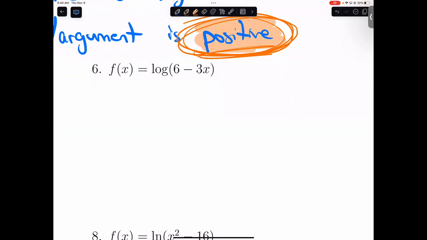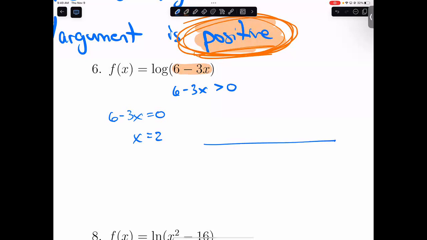But what I really need to know is where this is positive, which I can solve by doing it directly, since it's linear. Or I can figure out where it's 0, which would be when x is 2, and then check to either side of 2.